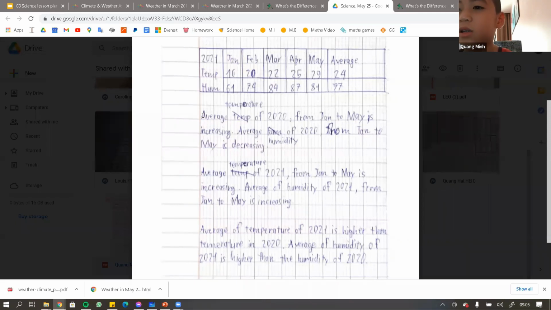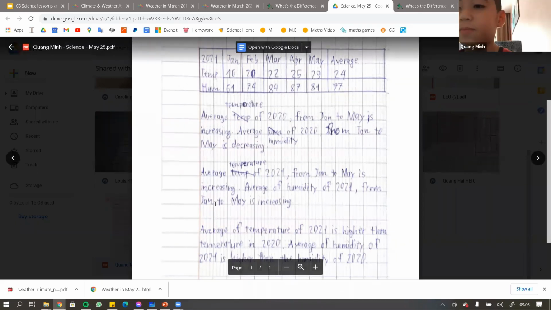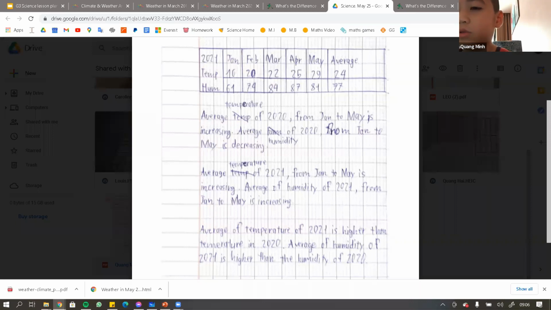Average temperature of 2020 from Jan to May is increasing. Average humidity of 2020 from Jan to May is decreasing. Average temperature of 2021 from Jan to May is increasing.